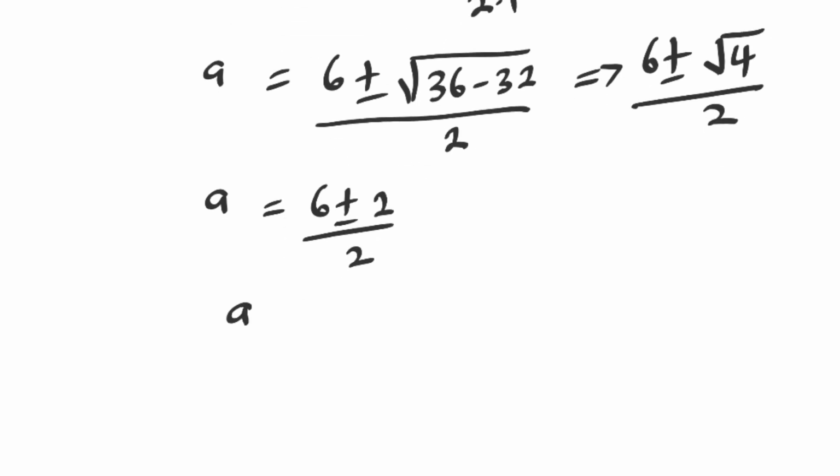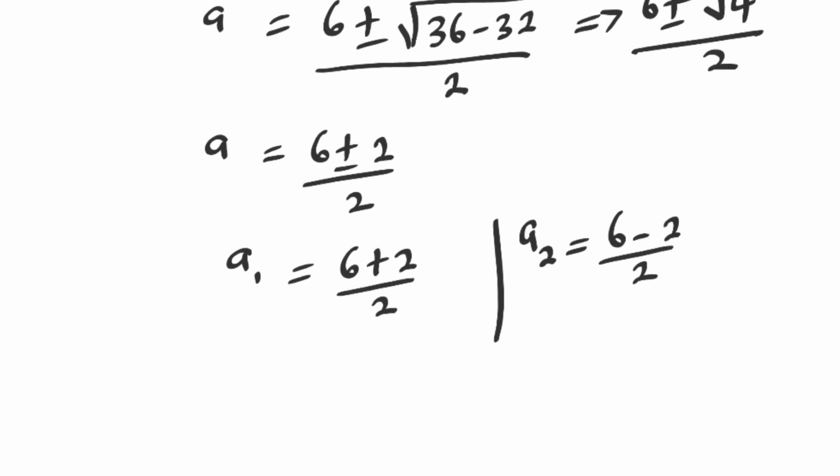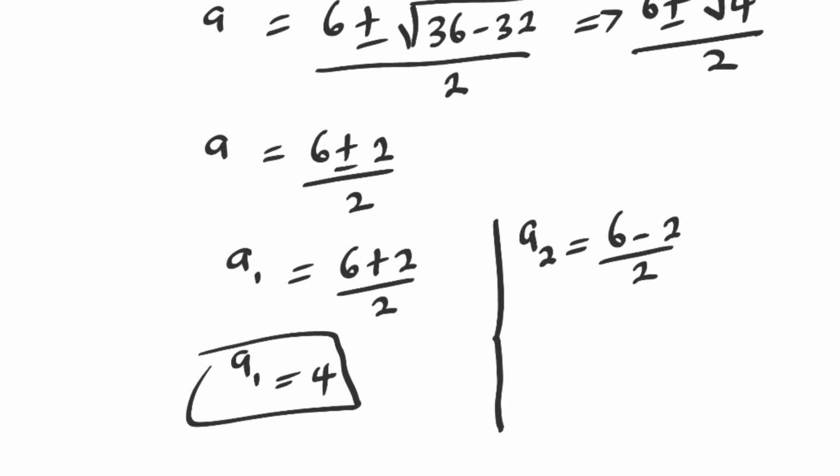Therefore, a1 is equal to 6 plus 2 over 2, or a2 is equal to 6 minus 2 over 2. a1 is equal to 6 plus 2, that is 8, divided by 2, that is 4. This is the value of a1. Or a2 is equal to 6 minus 2, that is 4, divided by 2, that is 2.